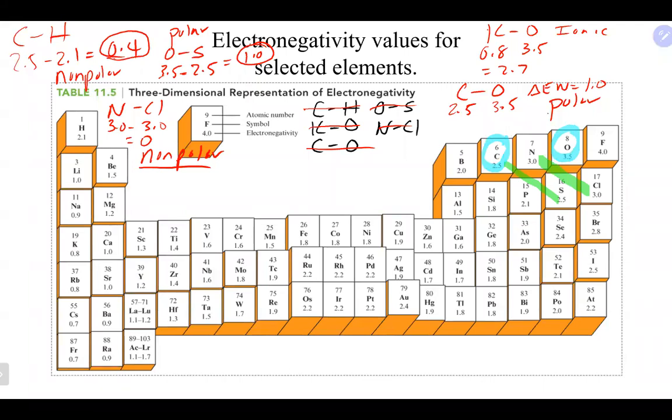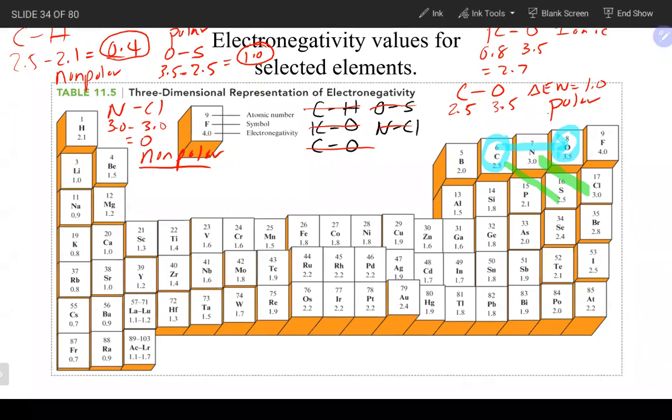They are in the same period on the periodic table. And the general trend for electronegativity is it increases as you go to the right on the periodic table, which means because the oxygen is further to the right, it's a pretty good guess that it will be unequal sharing of electrons. Oxygen will be more electronegative, and we would expect a polar bond to occur.